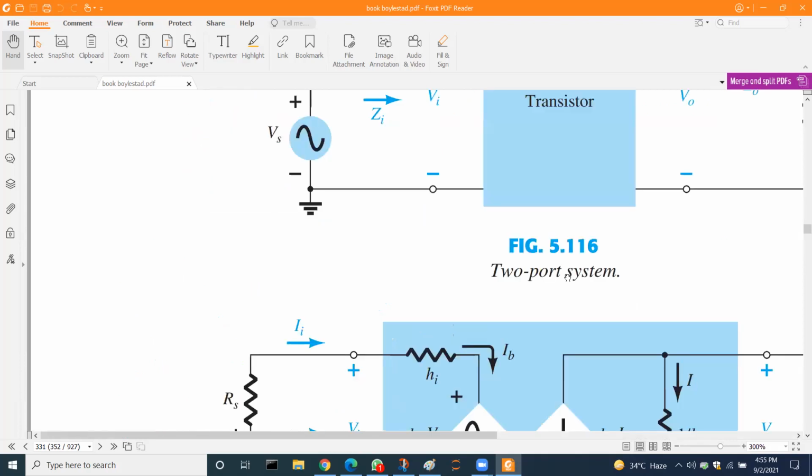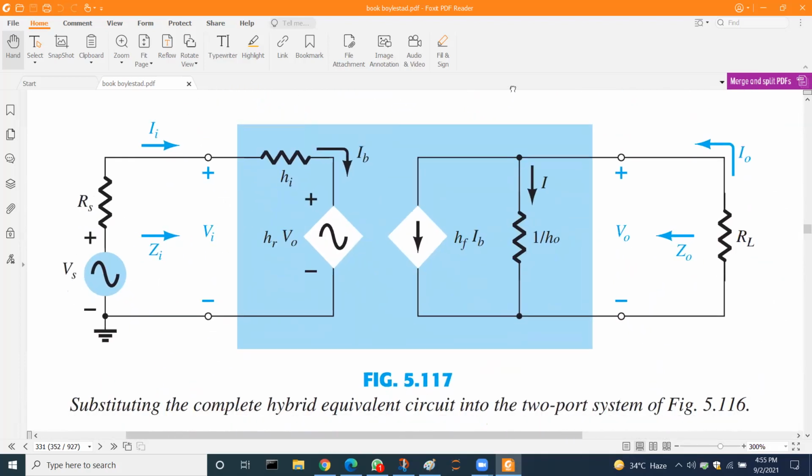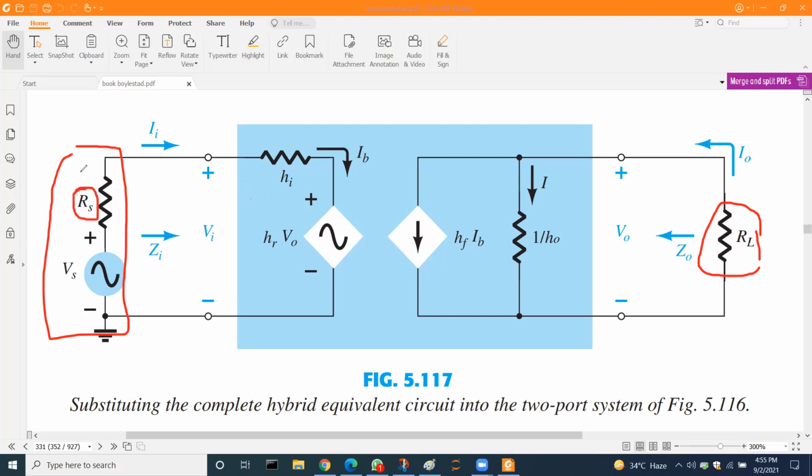Now this is the final diagram of today's session, and as you can see, usually we have a load attached to a system and we have a source attached to the system. Because these two are present, we have to consider the effect of the source resistance as well as the load resistance.